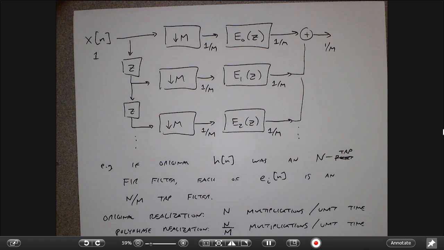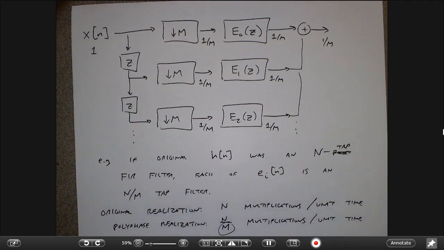Right? So I'm saving a factor of M multiplications per unit time, which is a real advantage, right? So in this case, the advantage comes from the fact that I'm never filtering anything that I don't need.